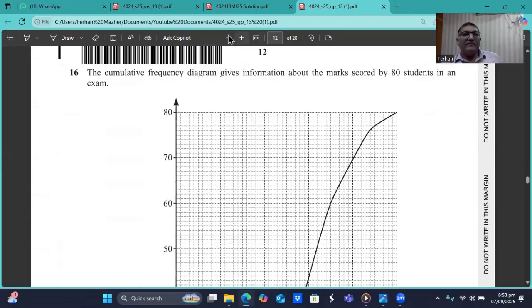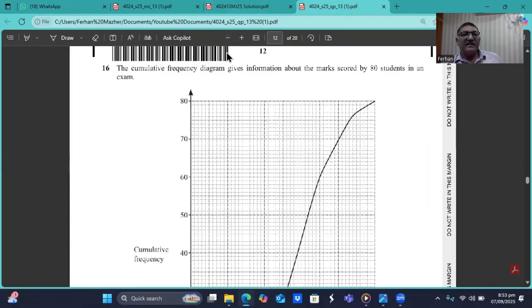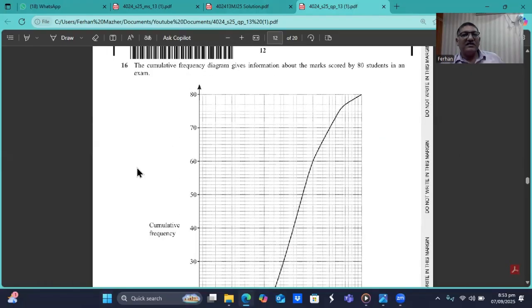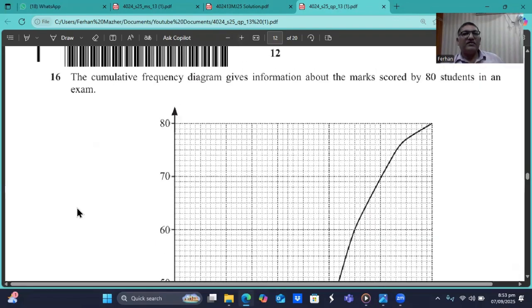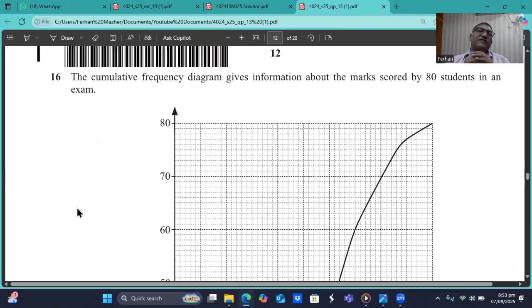Here we have question number 16. Let me first of all read. The cumulative frequency diagram gives information about the marks scored by 80 students in an exam.